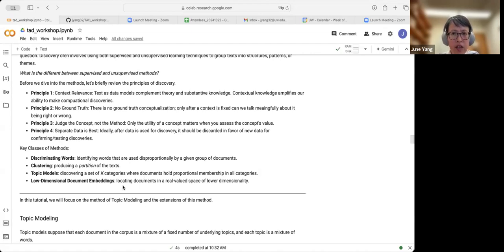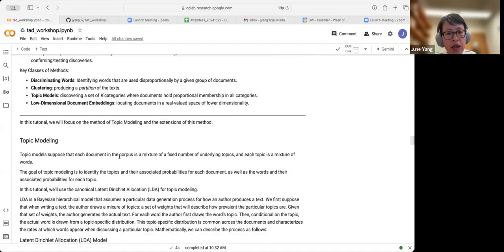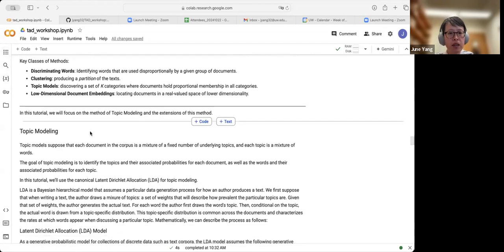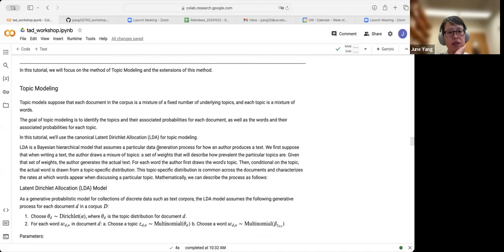In this tutorial, in terms of how we implement some of these methods using Python, we will focus on the method of topic modeling and some extensions of this method. For details on the other 3 classes of methods, feel free to reach out to me and refer to the book and the tutorials linked to this document.